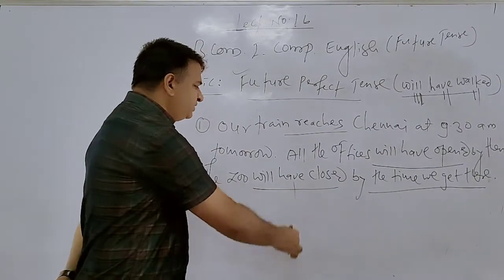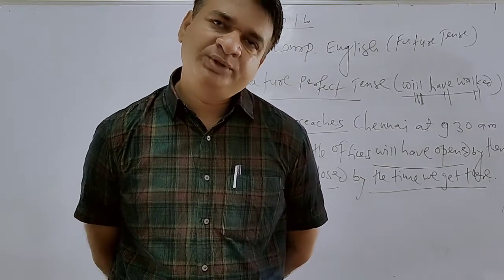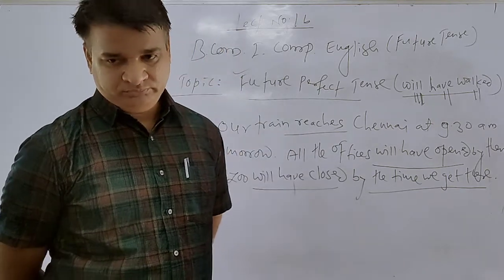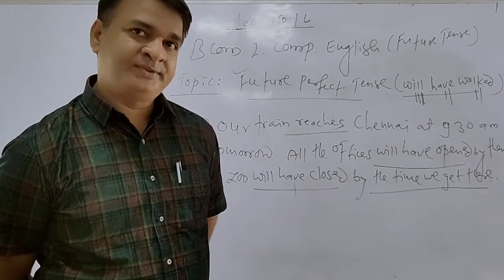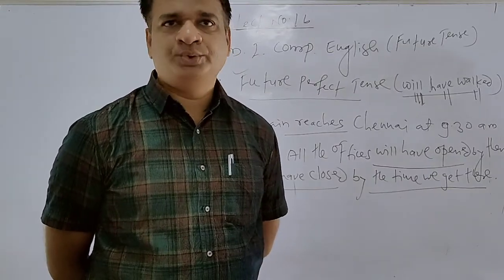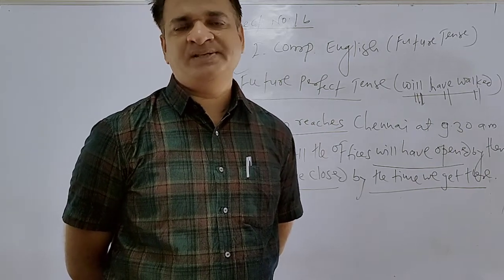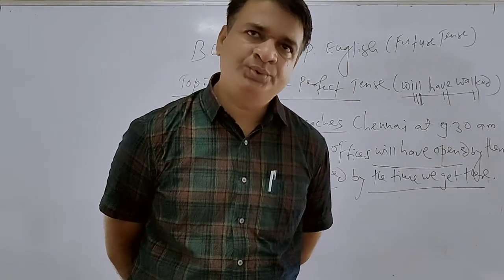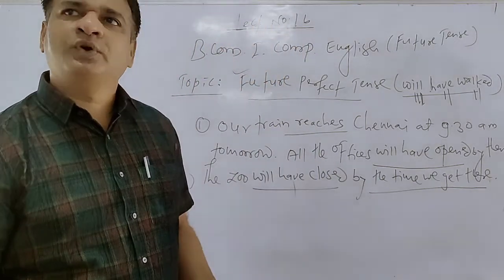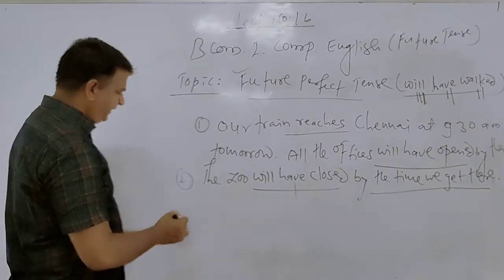So he says the zoo will have closed by the time we get there, meaning when we go there at 5 p.m. the zoo will definitely have closed because the closing time is fixed. So there is no use of going to the zoo in the evening near closing time, because we will not be allowed in when closing time approaches. So this is one example.